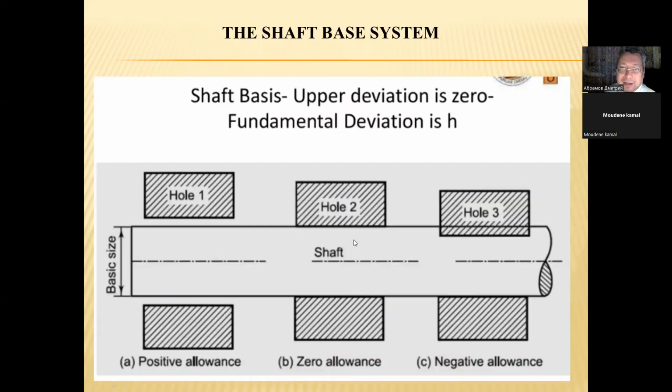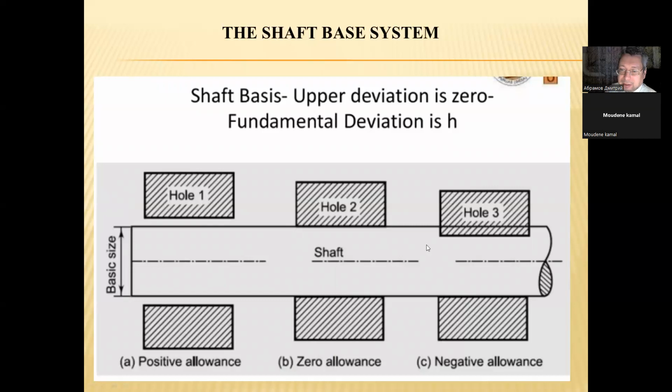In the shaft basis system, we change the dimensions of the hole, and the basic size of the shaft is constant. Shaft basis, upper deviation is 0, and fundamental deviation is small h for the shaft.